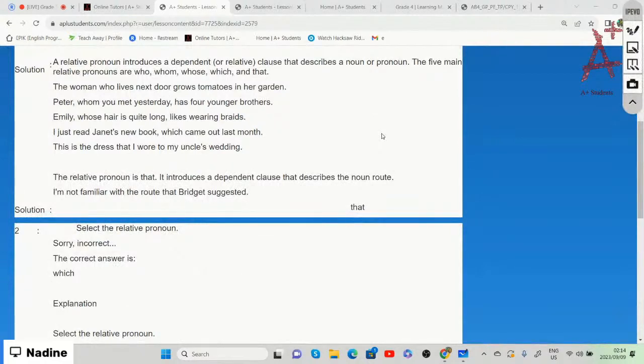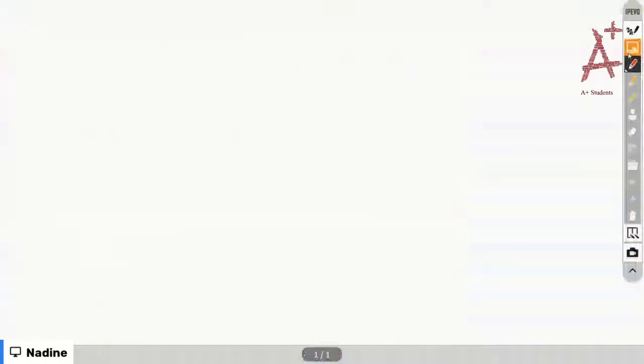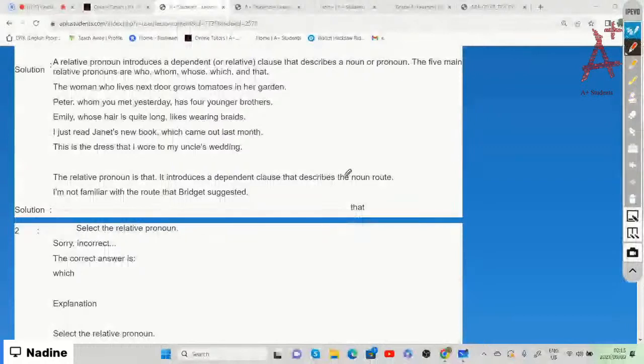That route, because Bridget suggested a route, and now someone is not familiar with that route. So the pronoun that we are going to be using is that. It is that. So that Bridget suggested.